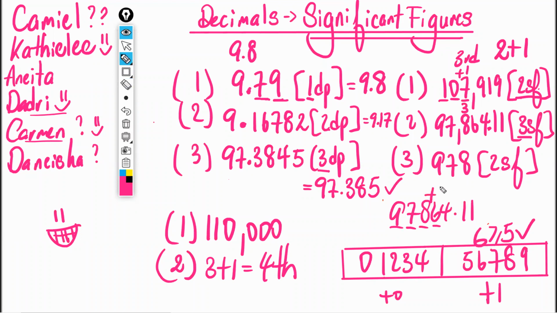So we need to add a 1 to the number in front of it. So the answer we're actually going to end up with, guys, is 97,900. Cool. So you add a 1 to the 8. These 2 places become zeros, and then you dash with the decimal places.